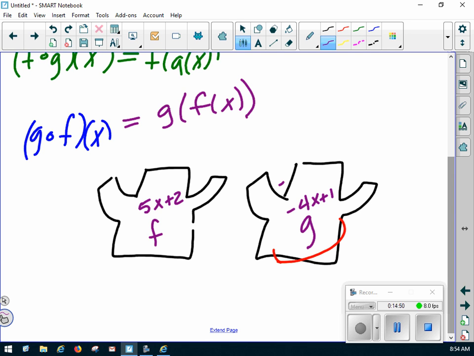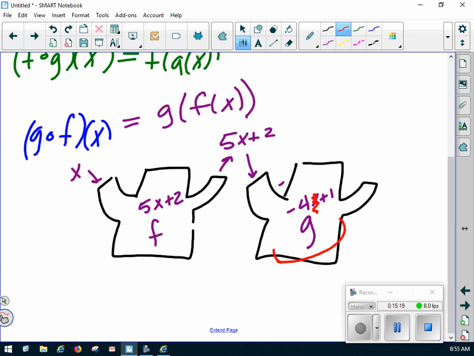What goes into f? x. Does anything change when you put x in there? No, we're kicking x out and putting x back in its place, so nothing changes. So what comes out here? 5x plus 2. What's going into g? 5x plus 2. What's getting kicked out? The x.